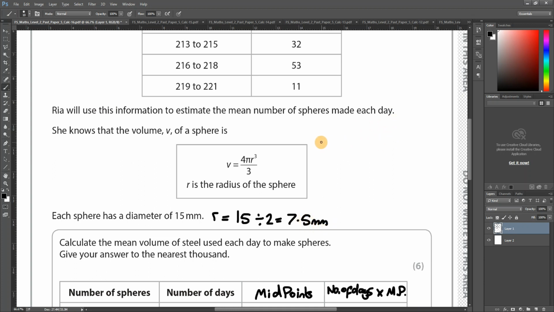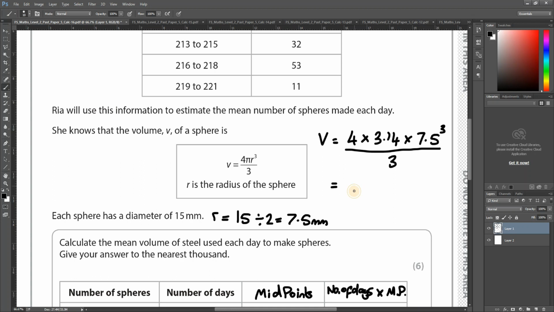So let's work out the volume. 4 times 3.14 for pi, and 7.5 cubed, and you're going to have to divide all of that by 3. Yep, let's type that whole thing in your calculator.